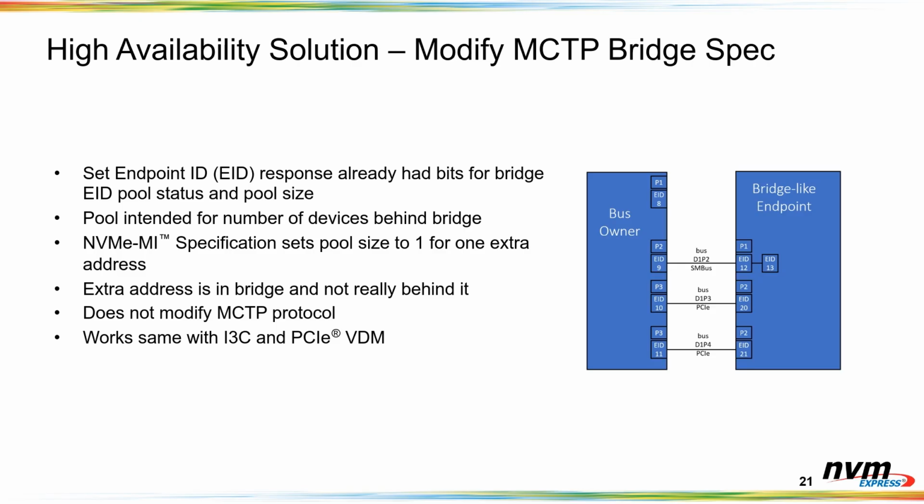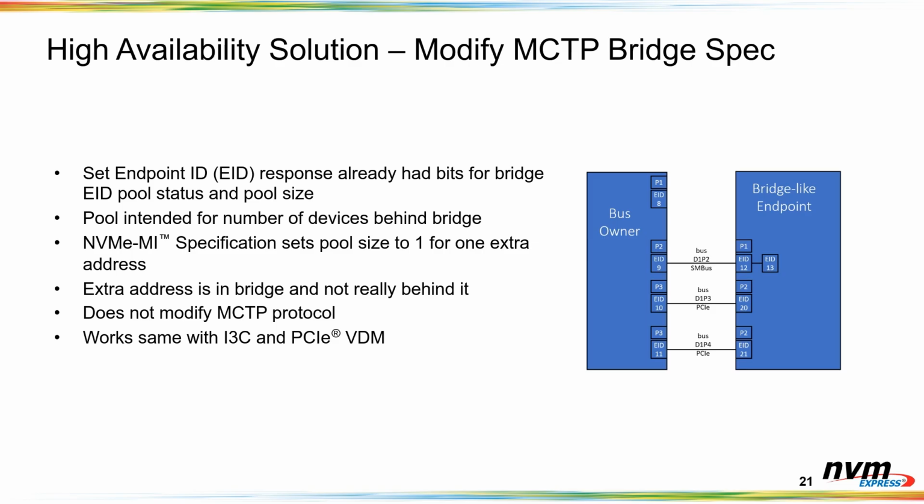And so that way the bus owner, in this case the BMC, would say, hey, I can give them 1 more EID. And because the bus owner already knows it's an SSD, it will understand that 1 extra address is another port into that same ecosystem. And we'll just show you a picture of that coming right up.